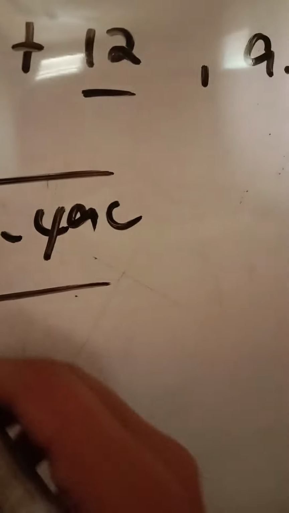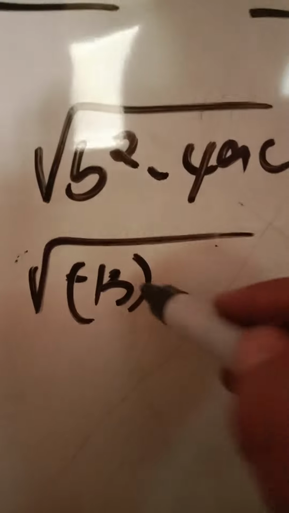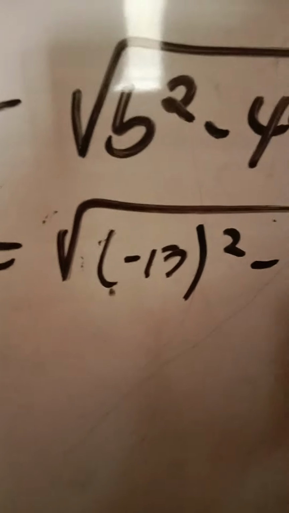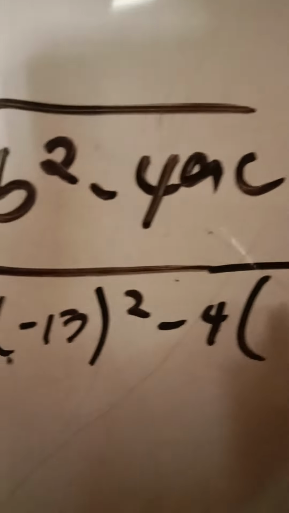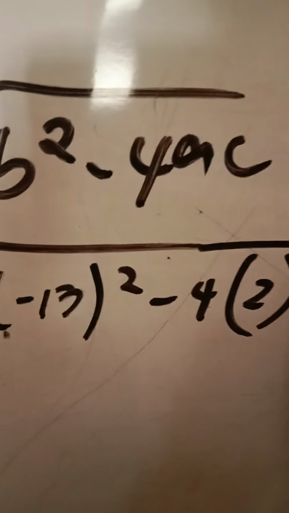The value of b is negative 13 squared, minus 4 times our value of a, which is 2, times the value of c, which is 12.